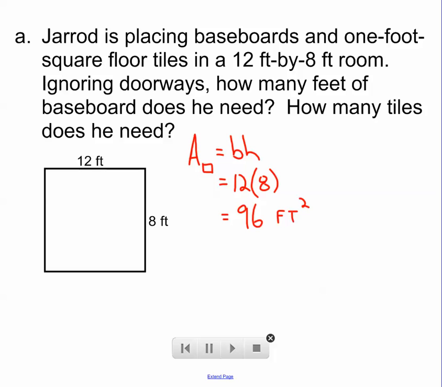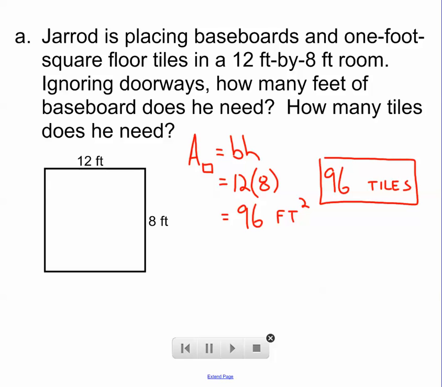So it's a 96 square foot floor, and since we have 1 square foot tiles, then we need 96 of those 1 square foot tiles. If they were 2 square foot tiles, that would change things a little bit. But with 1 square foot tiles, we need 1 tile for every 1 square foot of room.